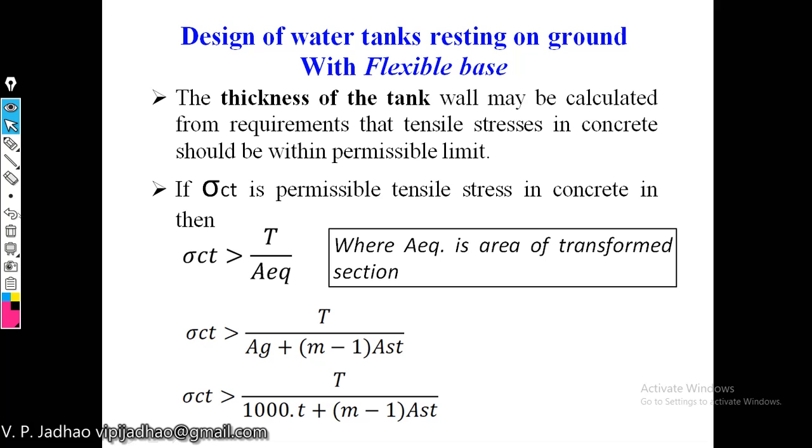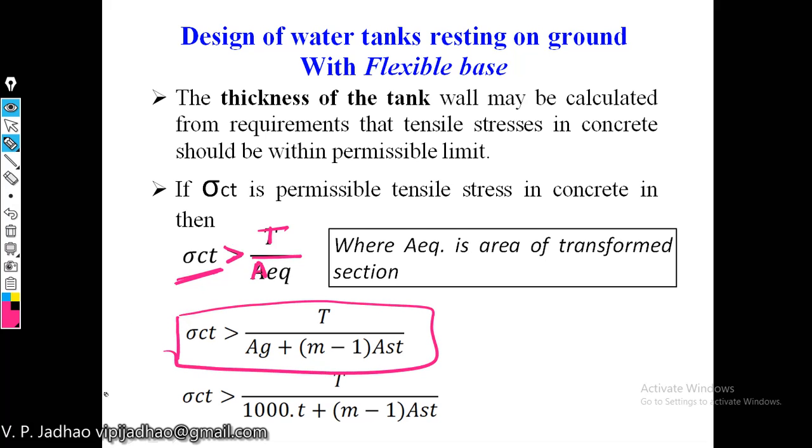So we have this sigma CT, that is tensile stresses in concrete. It should be greater than hoop tension divided by equivalent area. This equivalent area can be written like this, AG plus (m minus 1) into AST. So this equation becomes sigma CT should be greater than T by (AG plus (m minus 1) into AST).